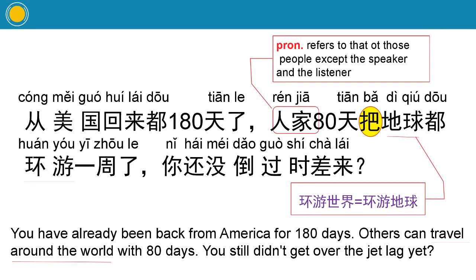Yes, you're right. Without 把, this sentence can also say 人家80天环游地球一周了. They can say it like this without 把. But if you put 把 here, you want to emphasize the whole world, then you need to say 人家把地球都环游一周了. Okay, got it. It's clear for me. So, what's next?